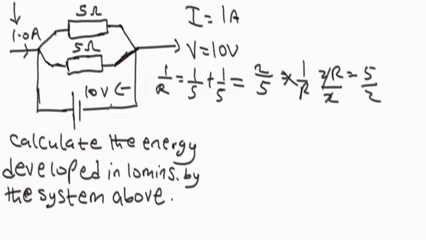Therefore, R will be 5 over 2, or when you want to put it in decimal, 5 divided by 2 will give you 2.5 ohms. So the unit is ohm. So 5 over 2 or 2.5 ohms. Right, so that's the value of R in this circuit.